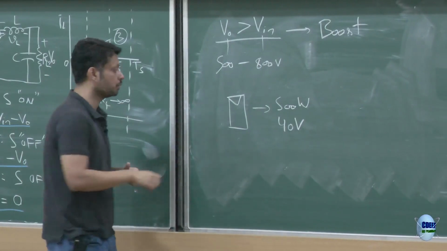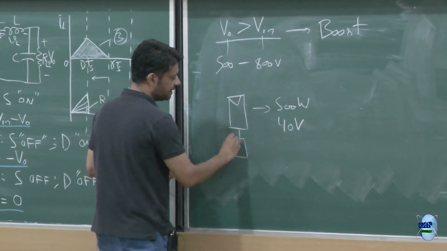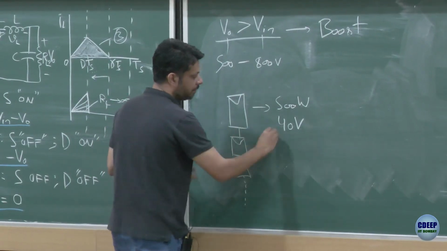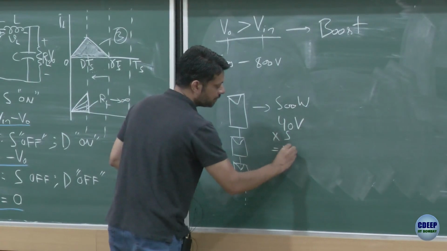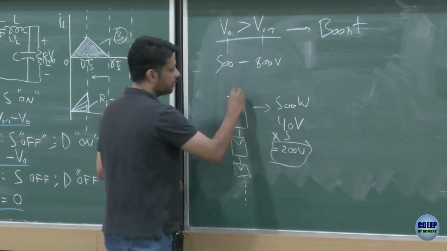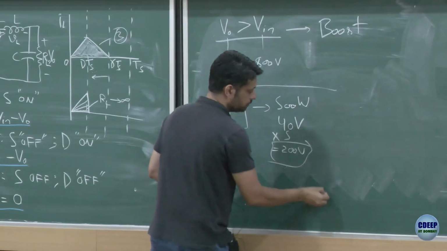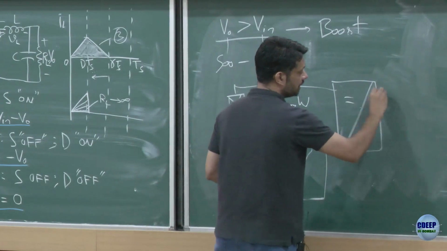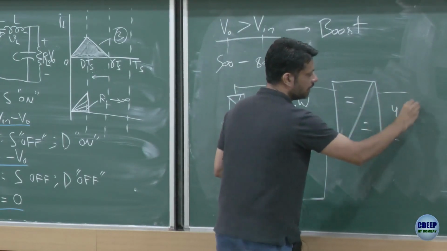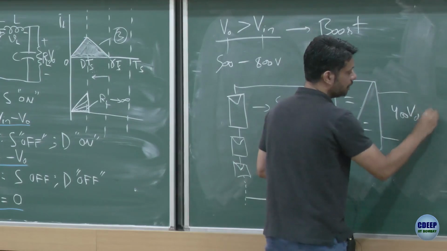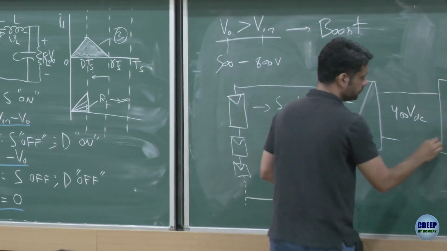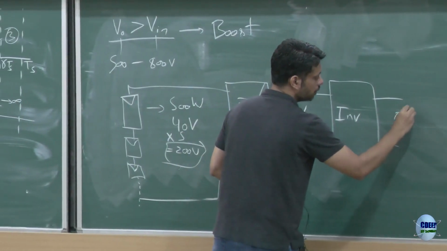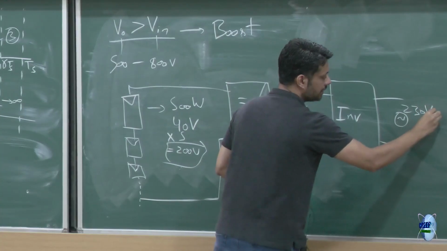So what you would do is first connect, let's say, 5-6 of these in series. If you put 5, you get about 200 volt, and from that 200 volt you can use a boost converter and produce 400 volt DC, and then you can use an inverter to get 230 volt AC.